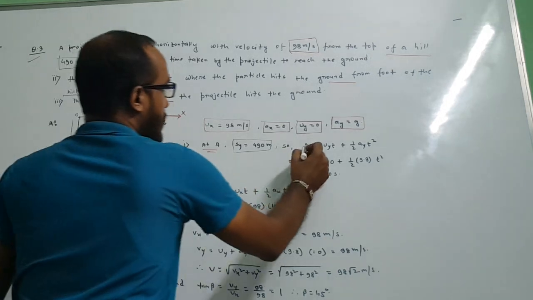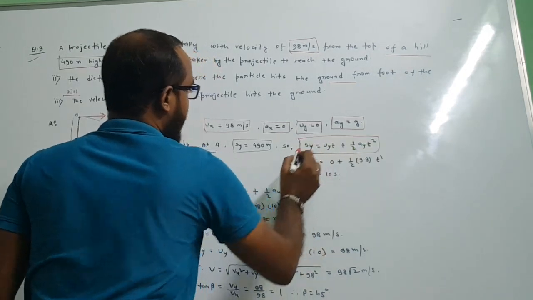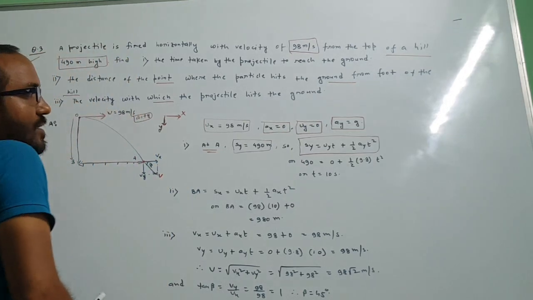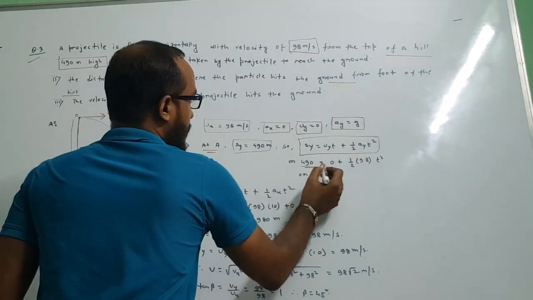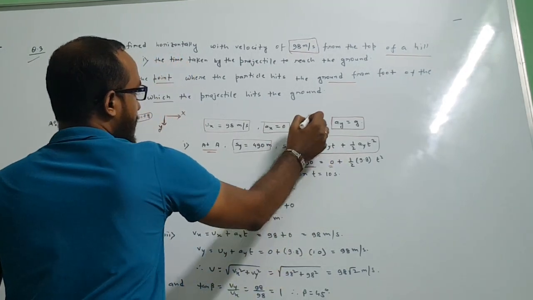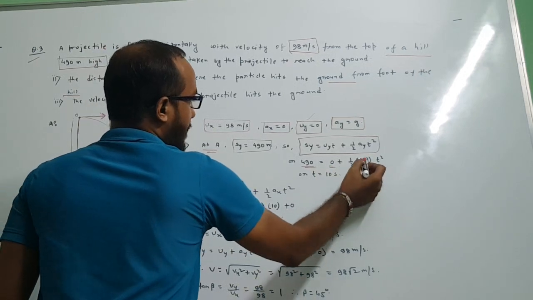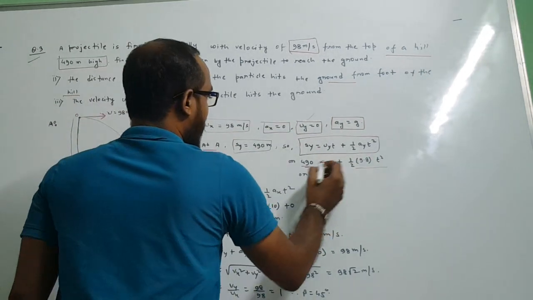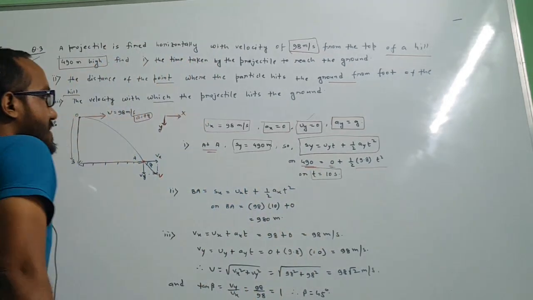So we apply the component in the y direction: sy equals uy t plus half ay t squared. Now we know sy, we know uy is 0, and g is taken as 9.8, so 490 equals half into 9.8 into t squared. After solving you will find t as 10 seconds.